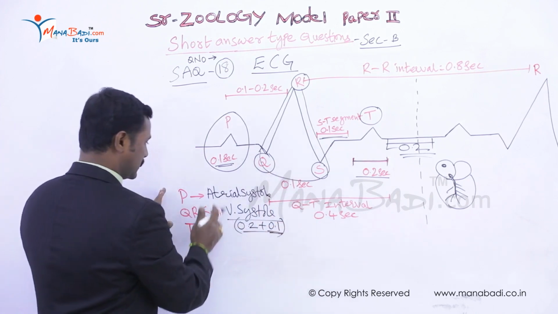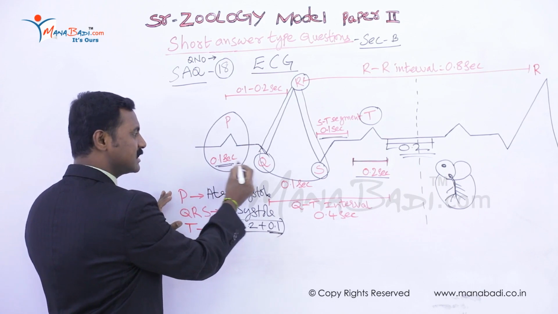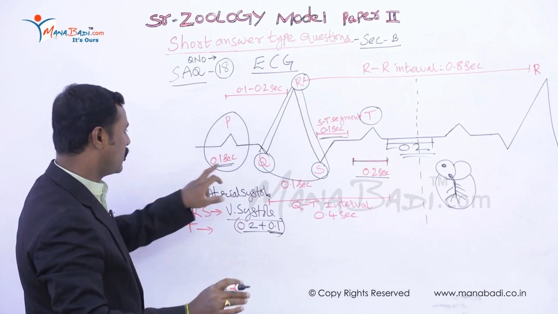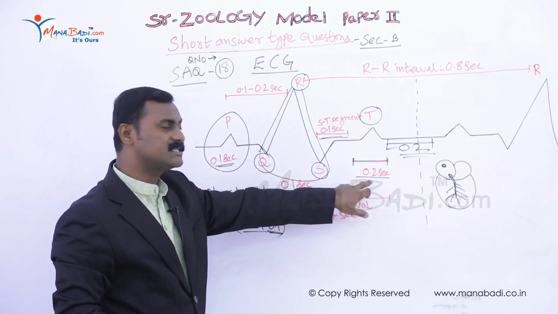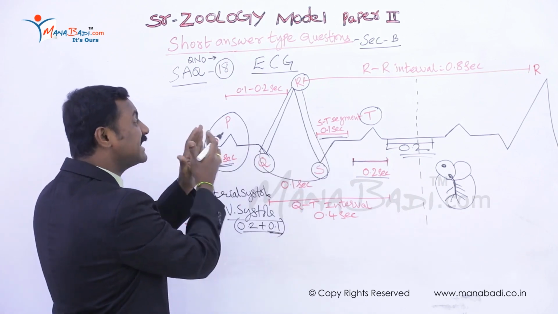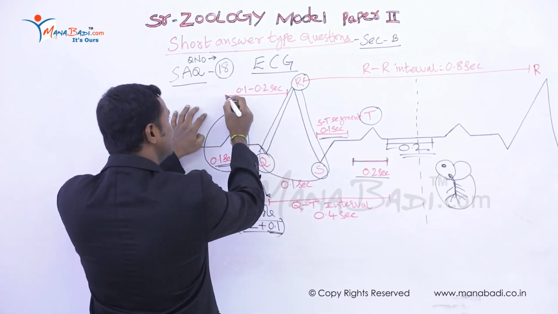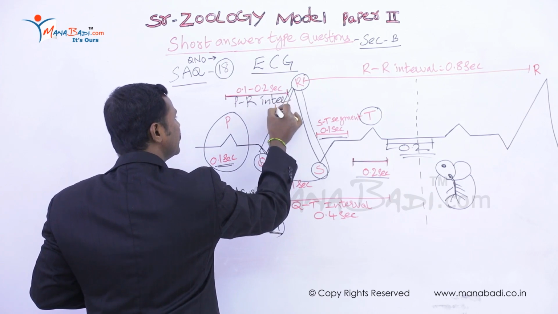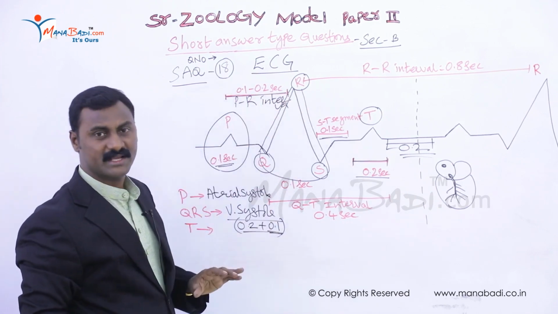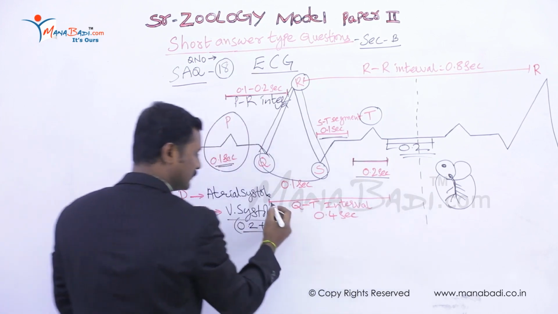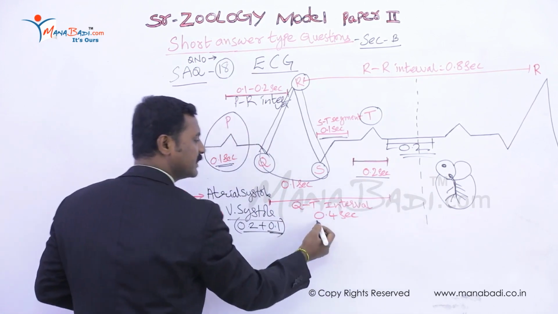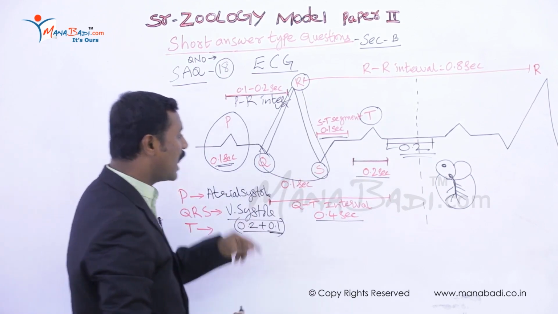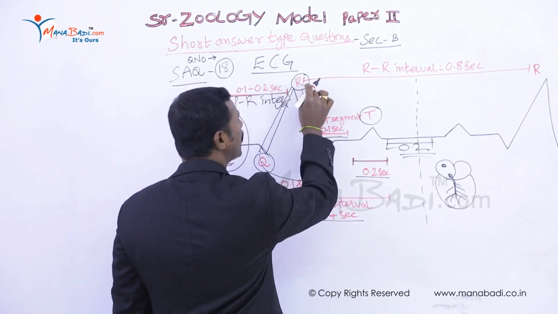So anyway, P is 0.1 seconds, QRS complex 0.4 seconds, T wave 0.2 seconds. Overall, if you see the intervals, from P to R, this is called the PR interval. The PR interval will consist of 0.1 to 0.2 seconds. Next, the QT interval. From Q to T, the QT interval is for 0.4 seconds, so we are including this T also. And finally, this is all about the R to R interval.